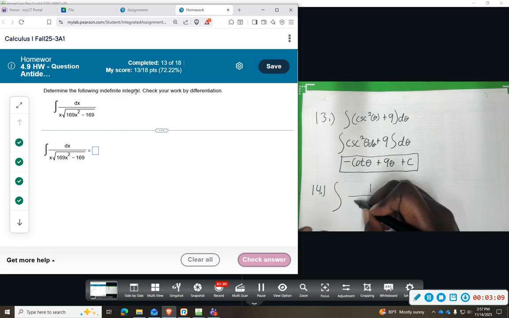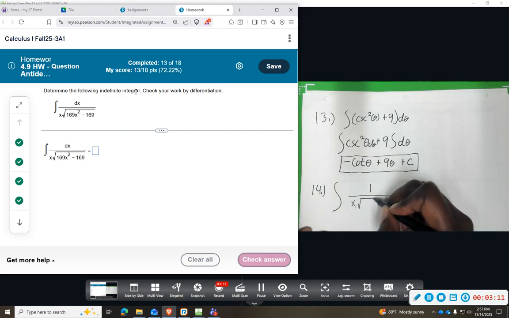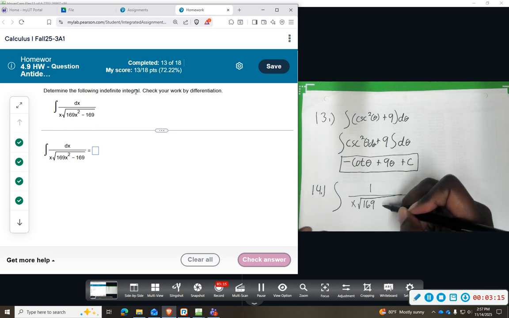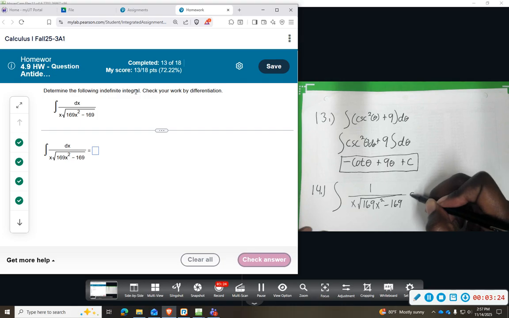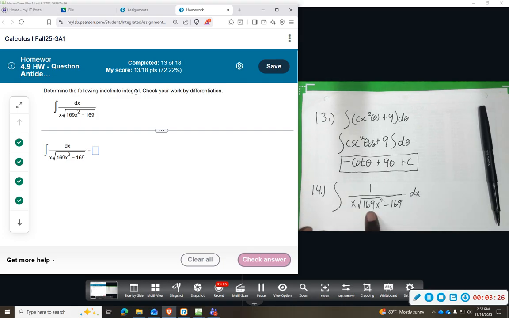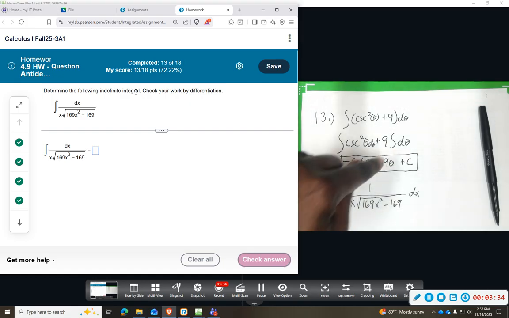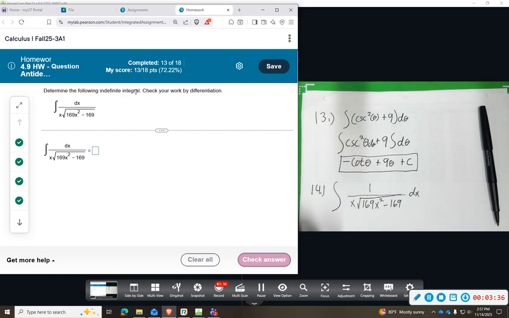This is x square root of 169 x squared minus 169. Now, to me, just offhand, it looks like something will factor, and this looks like one of those special antiderivative functions. So again, I'm going to look, because I know that if I tried to raise this up and subtract 1, I would have some issues.